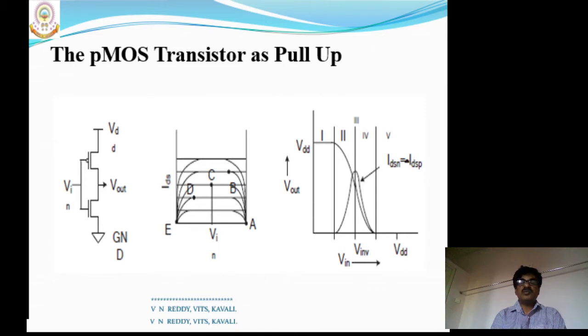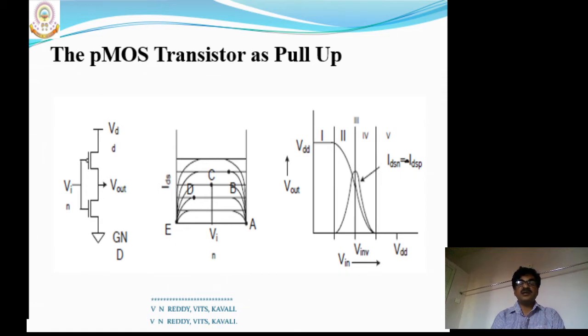Hence the output voltage is an open-circuited voltage, because the pull-down transistor acts as an open circuit since it is in off state. Open-circuited voltage means a maximum voltage, almost equal to VDD.